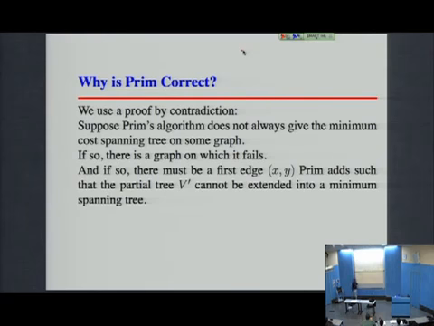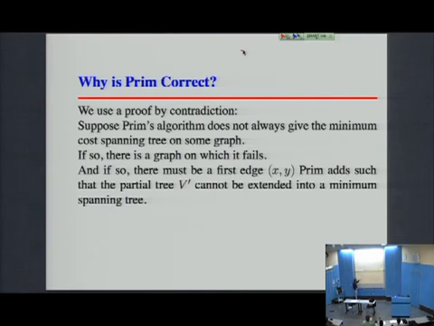Now, suppose I were to take away this edge. Having added that edge, I created a cycle. Suppose I now take away this edge. Is the graph still going to be a tree? Is the minimum spanning tree still going to be connected? Let's think about this. So what is my situation?